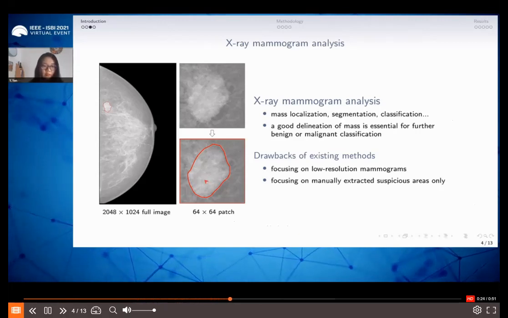However, as you can see from the left, the difference between image size and mass size can be enormous. Most existing methods focus on segmentation from downsampled low-resolution mammograms or from manually extracted suspicious areas, which largely simplify the segmentation process, but at the expense of robustness and applicability in clinical practice.